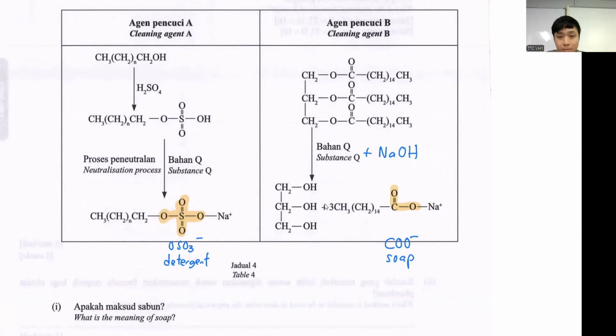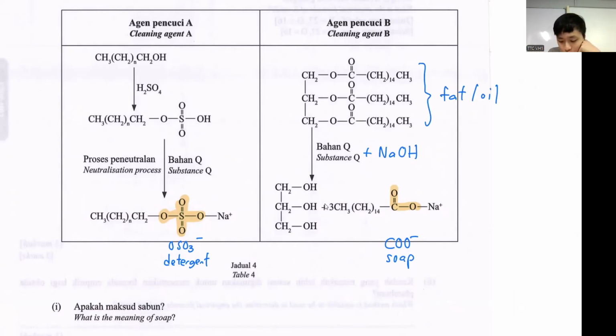Then you use fat. This is the structural formula of fat, or you call it oil in liquid form. In solid form it is fat, in liquid form it is oil. In biology you probably learned saturated fat and unsaturated fat.